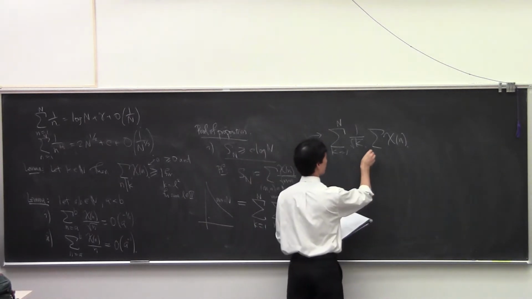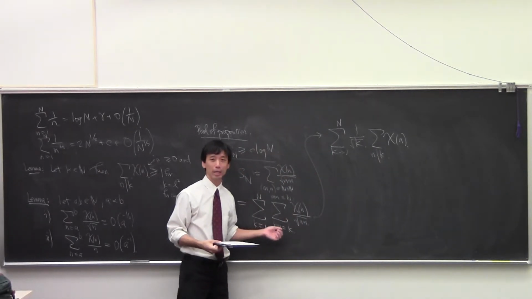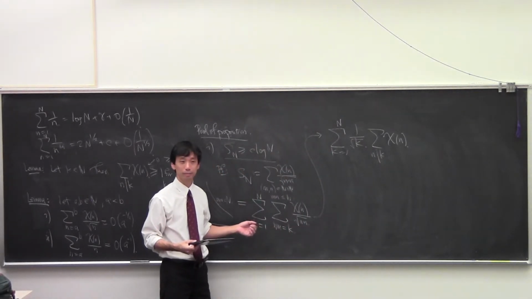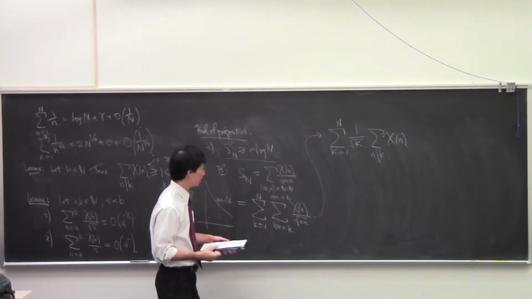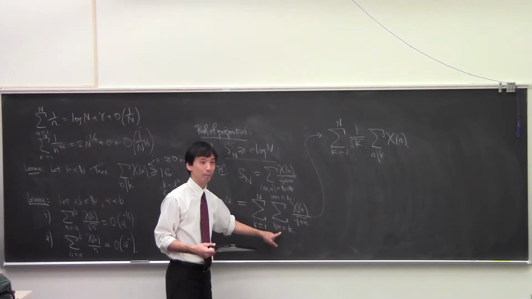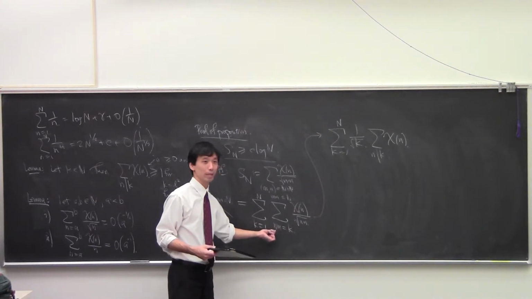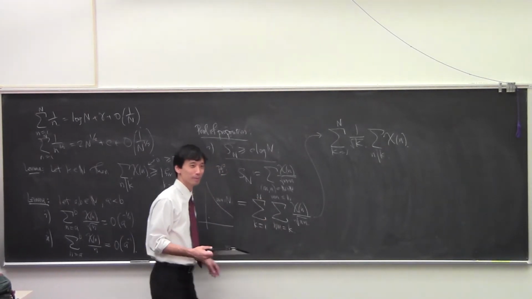That's the same thing as saying we're summing over all n that divide k. Because if you know what n is, then you know what m is. These pairs are determined by the first one, because m will be k over n.